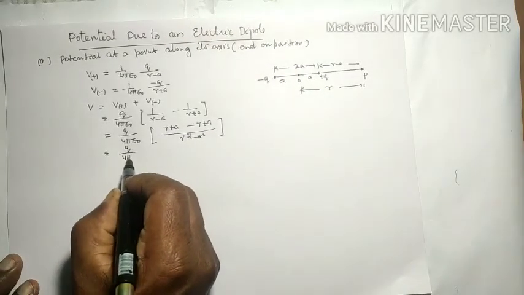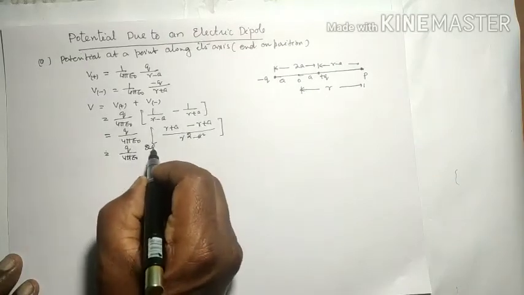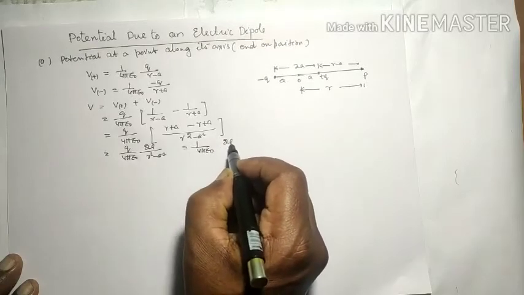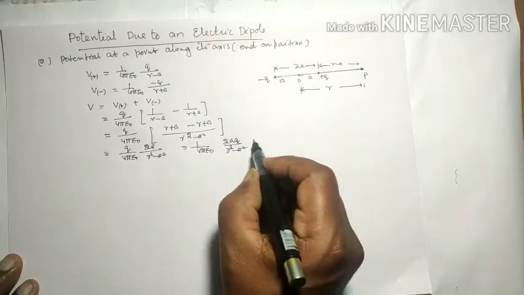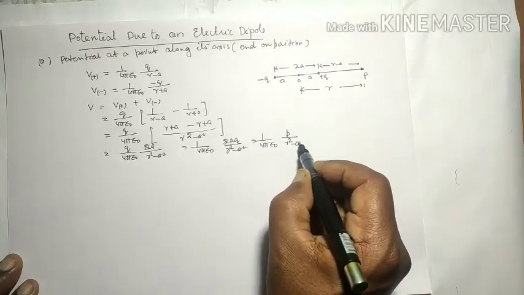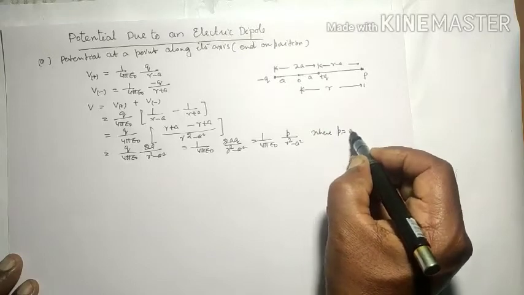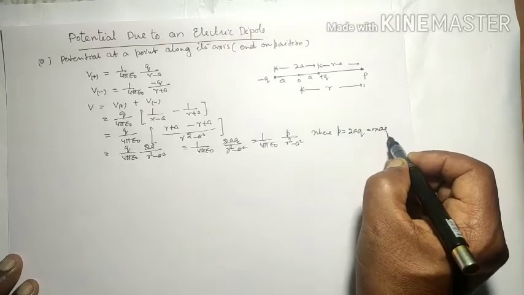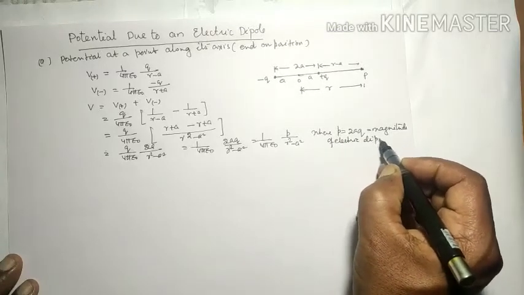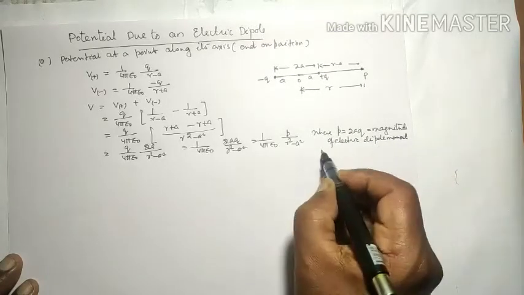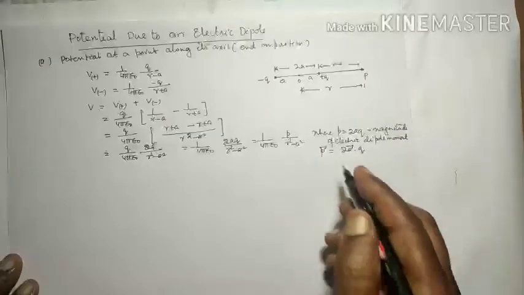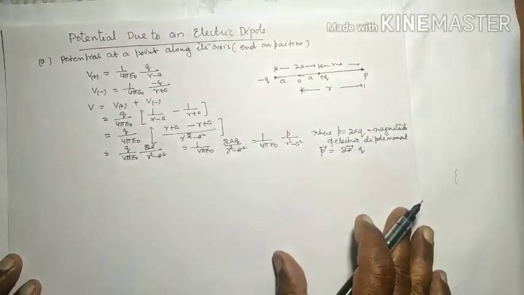So this is q by 4 pi epsilon 0 into 2a by r square minus a square, which is equal to 1 by 4 pi epsilon 0 into p by r square minus a square, where p equal to 2aq is the magnitude of electric dipole moment. Dipole moment vector is p equal to 2a into q, so the magnitude is 2aq. p is directed from the negative charge to the positive charge.